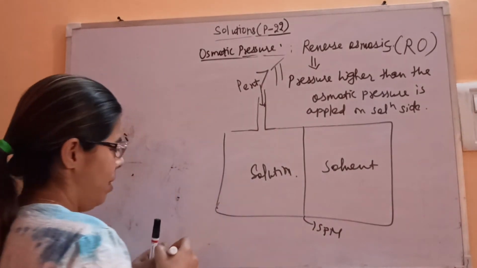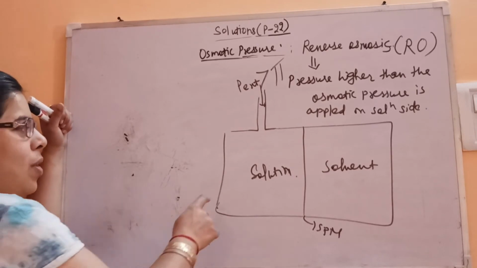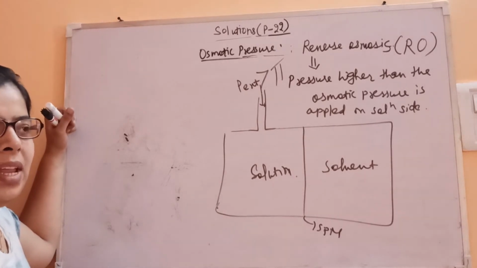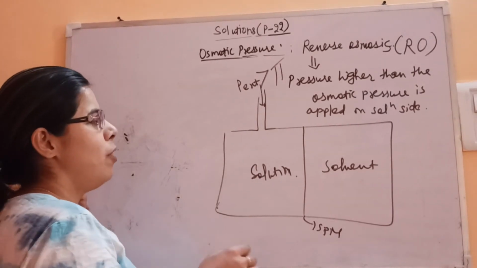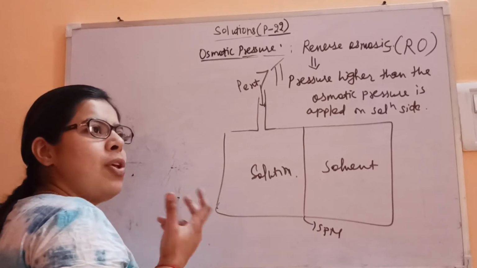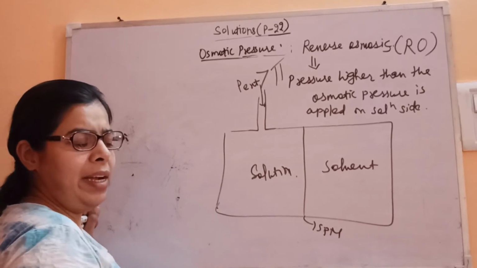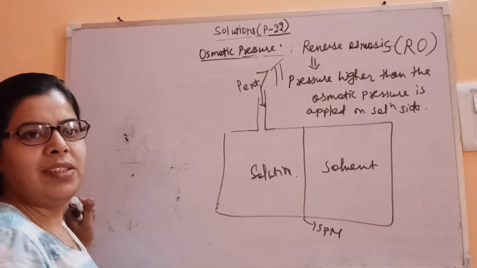Now what will happen? If you apply pressure greater than the osmotic pressure on the solution side, osmosis will get stopped. Now instead of the solvent molecules coming from the solvent side, from the solution side the solvent molecules will move into the solvent side.